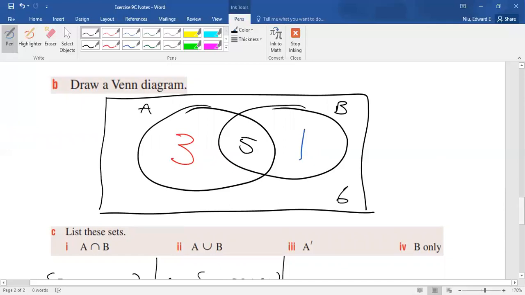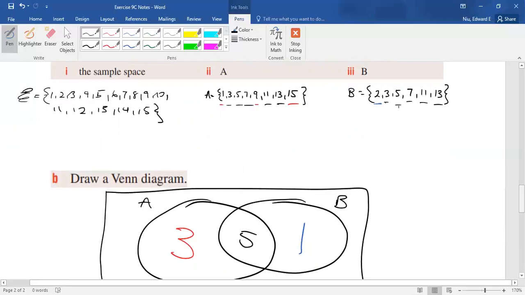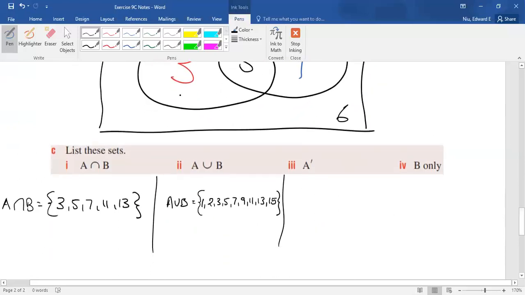So everything that was basically an even number is not in set A. So we can say A complement is 2, 4, 6, 8, 10, 12, 14.